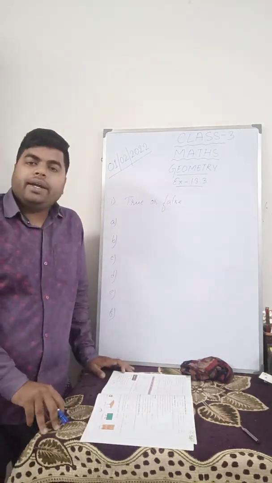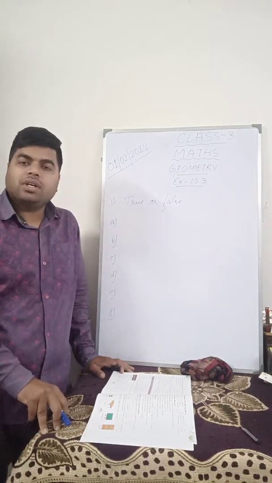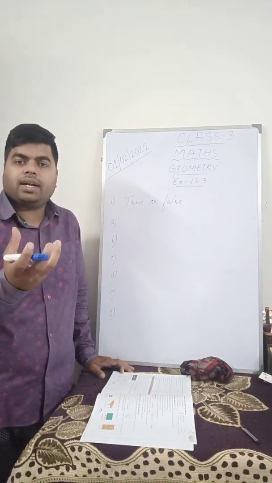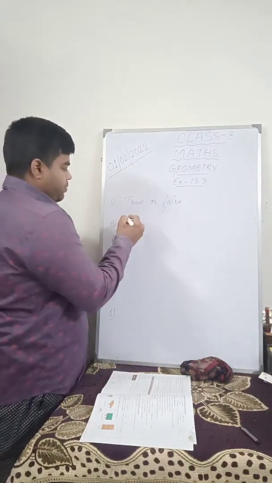Number A: a cricket ball has a curved surface. Obviously, if you have seen a cricket ball, it has a curved surface.